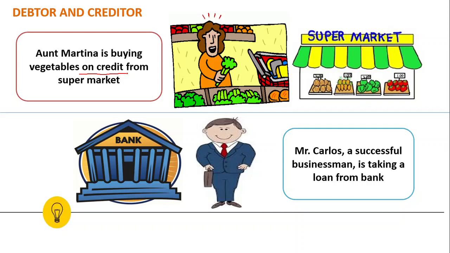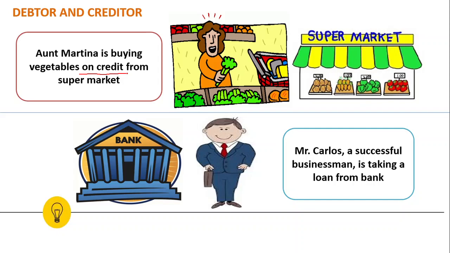For the supermarket, Aunt Martina is a debtor, but from her perspective, the supermarket would be the creditor, because she is liable to pay the money to the creditor in future. So Aunt Martina is debtor to the supermarket while the supermarket is creditor to Aunt Martina.